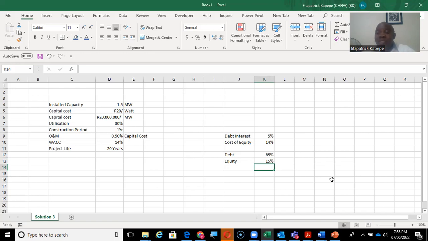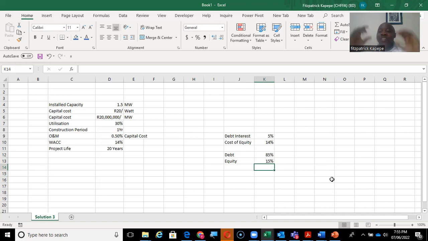Then you have those who are equity investors. If you decide that you want to be an owner of this particular investment that is being floated, you will come in with the funds, but those funds will be regarded as equity.